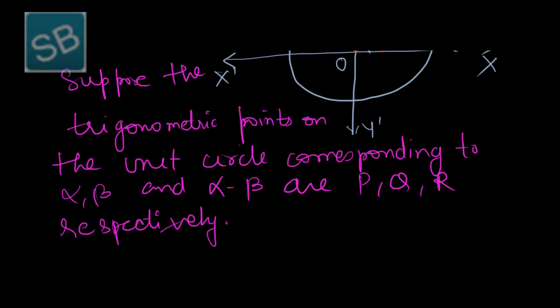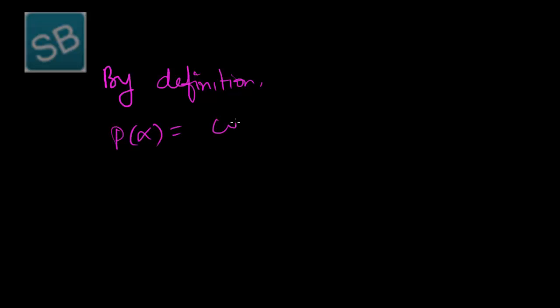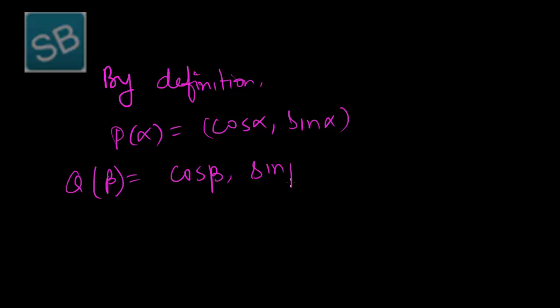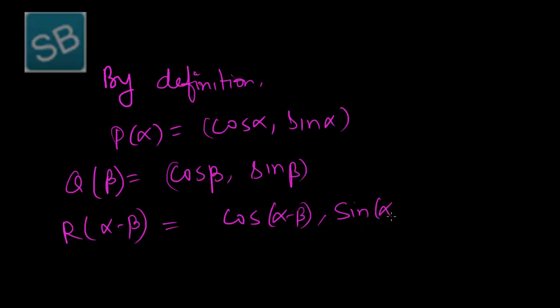So by definition of circular coordinates, we have P of alpha is equal to cos alpha, sin alpha, that is, x coordinate is cos alpha and y coordinate is sin alpha. Q of beta will be cos beta, sin beta, and R of alpha minus beta is cos of alpha minus beta, sin of alpha minus beta.